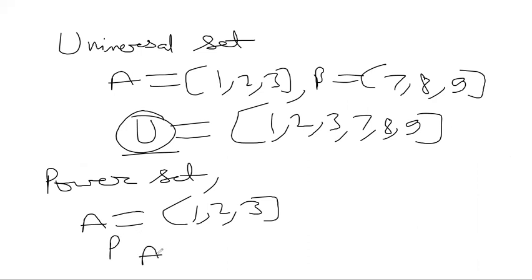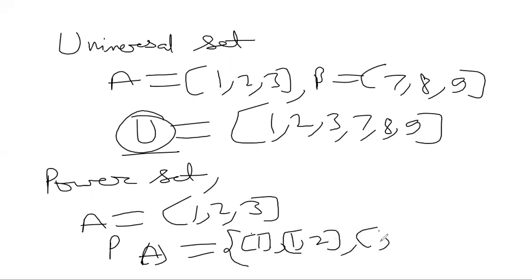The power set of A will be written with a big bracket, and then all the subsets: 1, then 1, 2, then 1, 3, then 2, 3, and also the empty set, and 1, 2, 3 is also a subset of this, isn't it? This is called the power set, meaning all the subsets of the set.